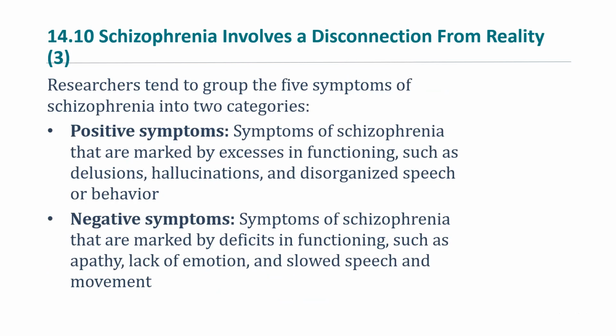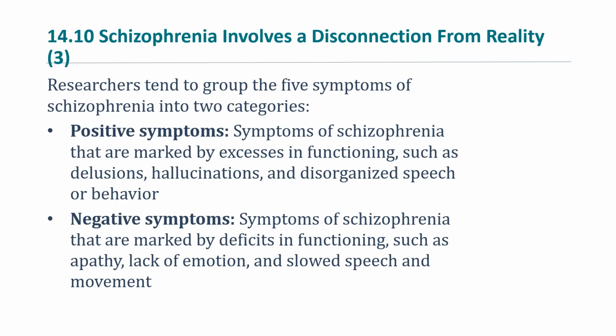researchers tend to group the 5 symptoms of schizophrenia into 2 categories. Positive symptoms are symptoms that are marked by excesses in functioning, such as delusions, hallucinations, and disorganized speech or behavior.